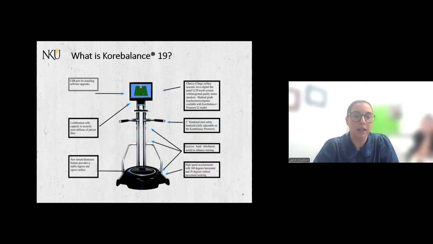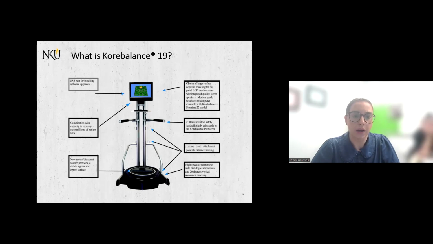So this leads me to talk about KoreBalance 19. So this is an image of the system. It is an instrumented balance assessment and training system. It uses a stability platform and accelerometers to measure static and dynamic balance.